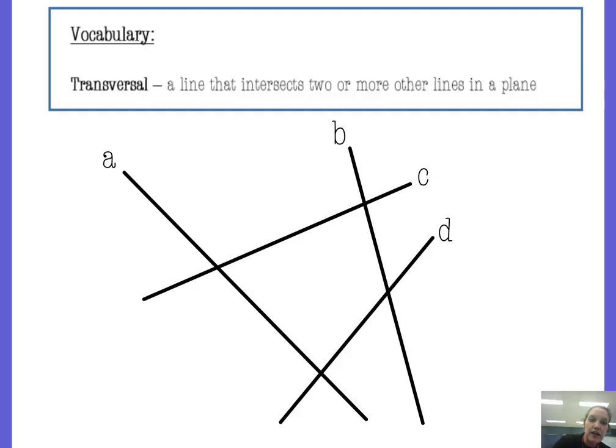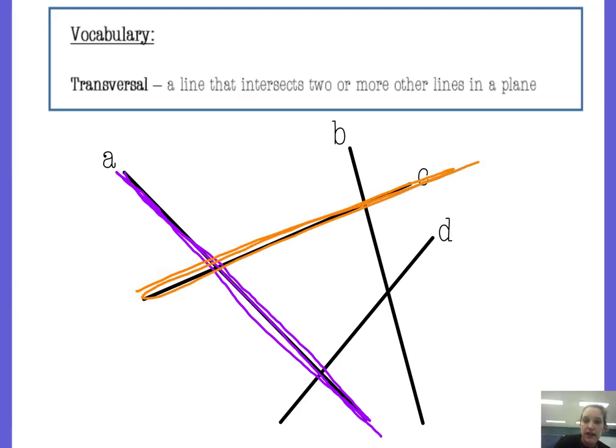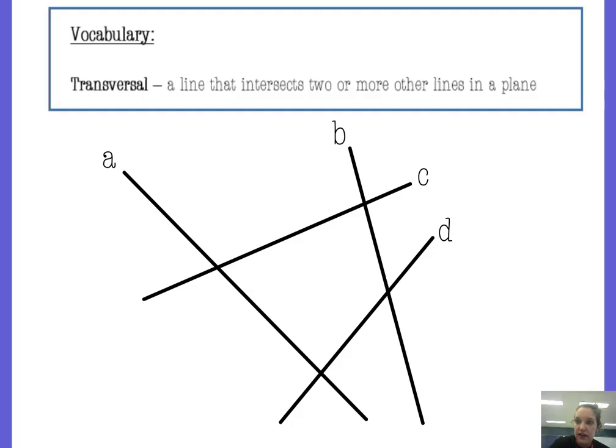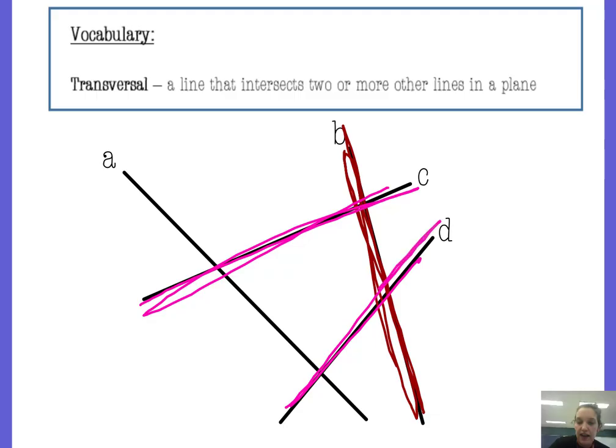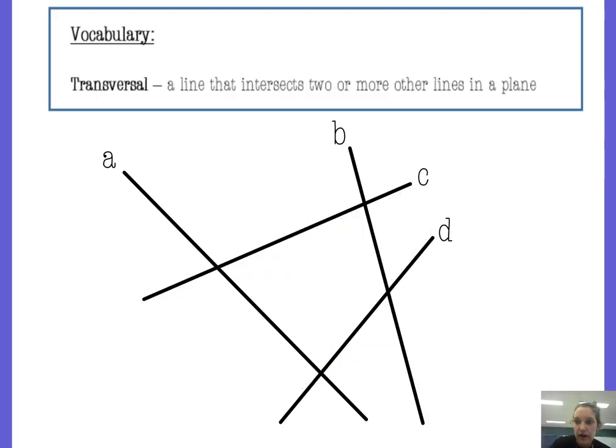So if I am considering line A to be my transversal, that means it would be intersecting line C and line D. Or if I considered line B to be my transversal, then that means it would be intersecting line C and line D. Or I could consider line C to be my transversal.